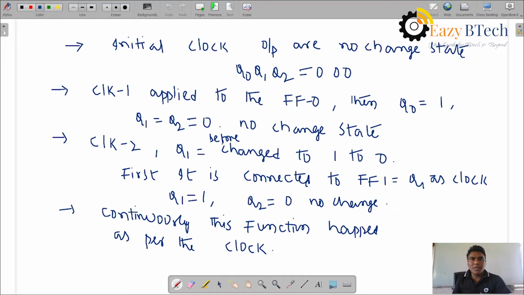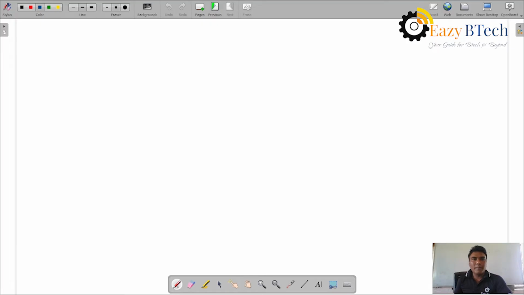Okay, now let us see the timing diagram of the 3 bit asynchronous counter.